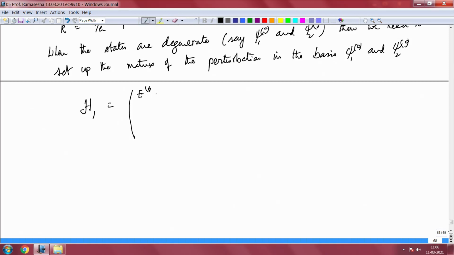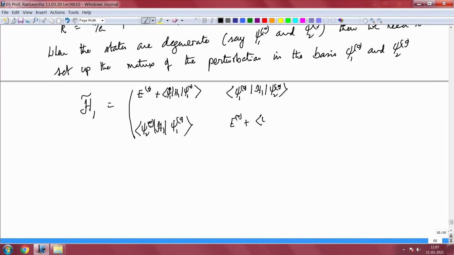So E0 plus psi 1 0 H1 psi 1 0, psi 1 0 H1 psi 2 0, psi 2 0 H1 psi 1 0, and then I will have E0 plus psi 2 0 H1 psi 2 0.